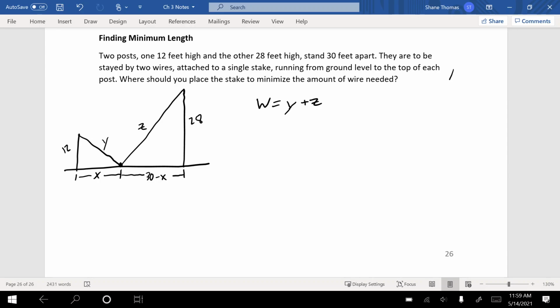Now, let's go back to our famous Pythagorean theorem. If I look at the left triangle, I would have x squared plus 12 squared equals y squared. Agree? And if I look at the one on the right, I have (30 minus x) squared plus 28 squared equal to z squared.